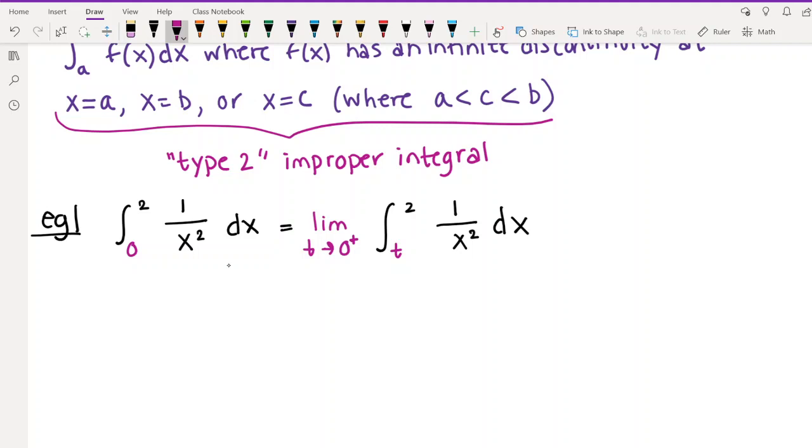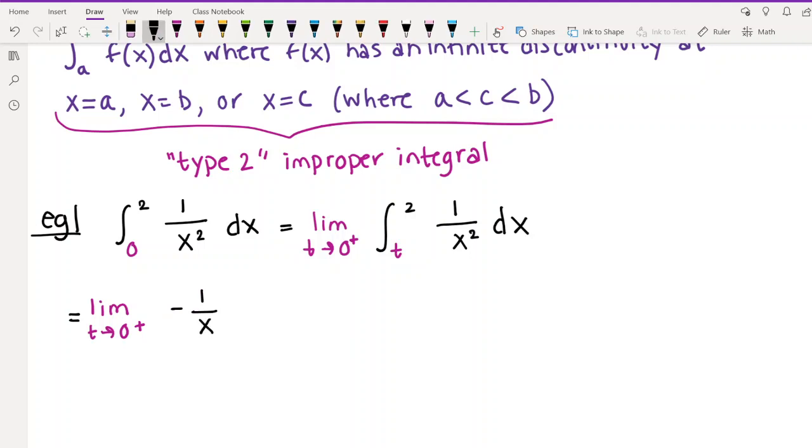And now we just do this the same as we did in the last video. We focus on evaluating the integral, and then once we have the antiderivative, we take the limit at the end. So this is going to be equal to the limit as t approaches 0 from the right of, so our antiderivative, here we have x to the negative 2, right, that's 1 over x squared. So the antiderivative is negative 1 over x, because that's negative x to the negative 1.